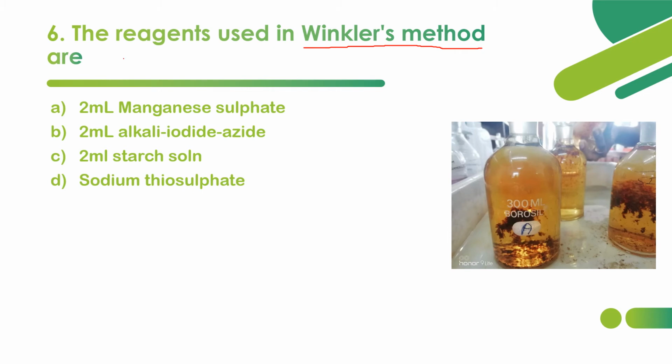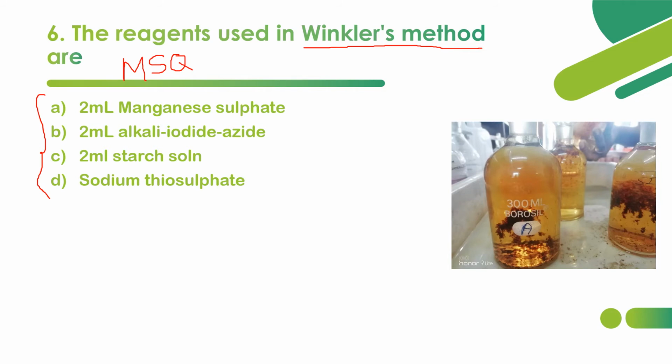So what are the reagents? Yes, it is an MSQ type question, so more than one option can be correct. What are the reagents used in Winkler's method to determine the amount of dissolved oxygen? What is the use of dissolved oxygen? It is used in freshwater lakes for the survival of organisms.